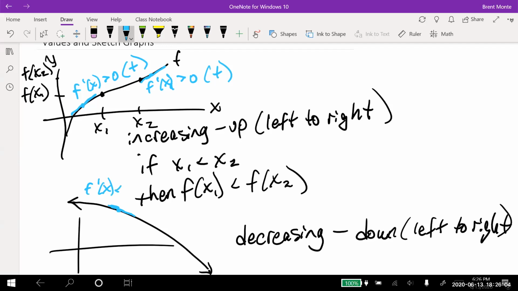So f prime of x is less than 0, or of course negative. And that would be any place along this graph. It's not a very straight tangent line, is it? And we're going to use that fact that if the derivative is positive, we know the graph's increasing. If the derivative is negative, we know the graph's decreasing.